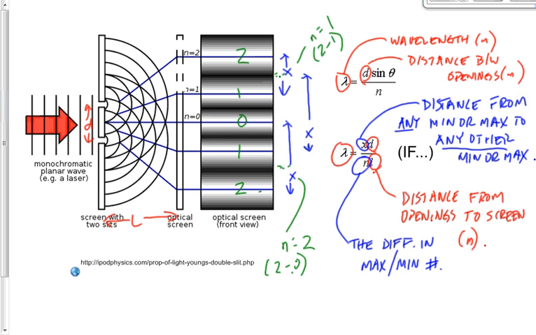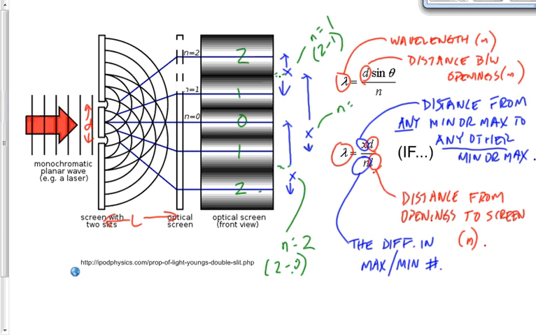What would n be right here? Anybody want to take a stab at that one? Going from the first order max on one side to the second order minimum on the other side. What would n be there? We're not going to the first order max on the other side, are we?